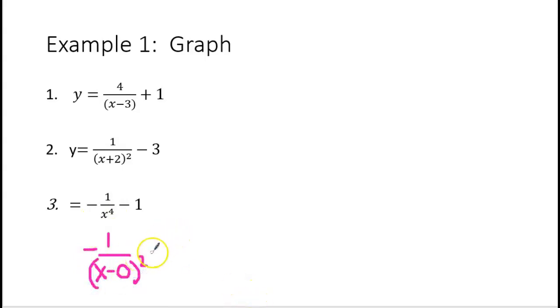That means the h is 0. And the same thing applies if you don't have a number out here. If there's no number where the k is located, that would be 0. But that means that my vertical asymptote in this case will be 0. My horizontal asymptote will be 1.